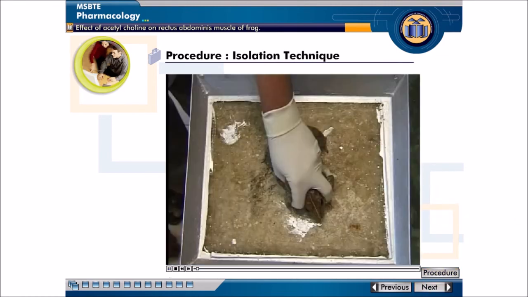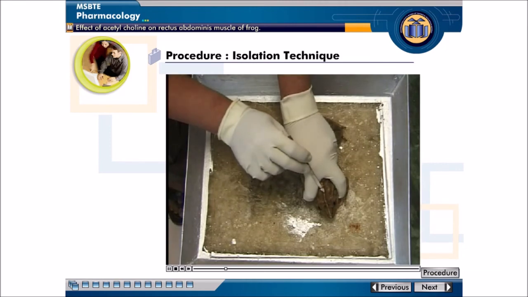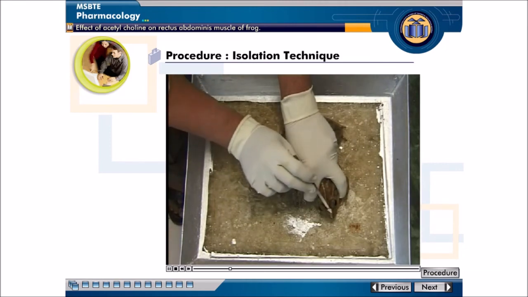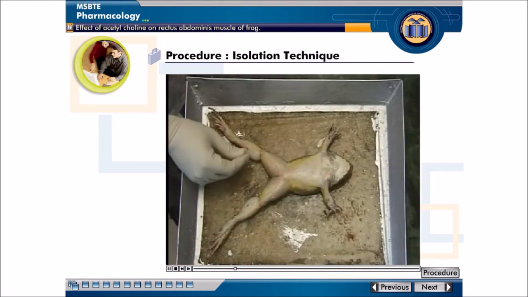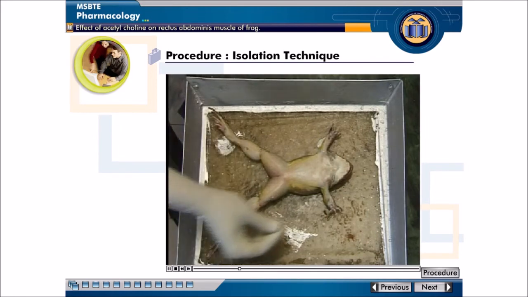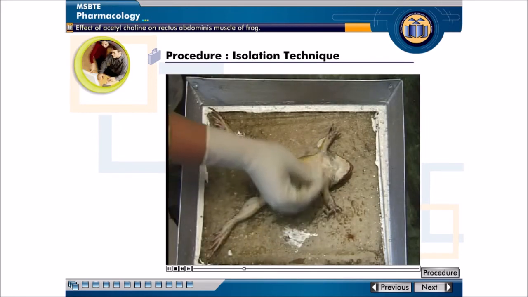To study the effect of acetylcholine on frog's rectus abdominis muscle, select healthy frog. Pith the frog with the help of pithing needle. Now, pin the limbs of the frog to dissecting tray.